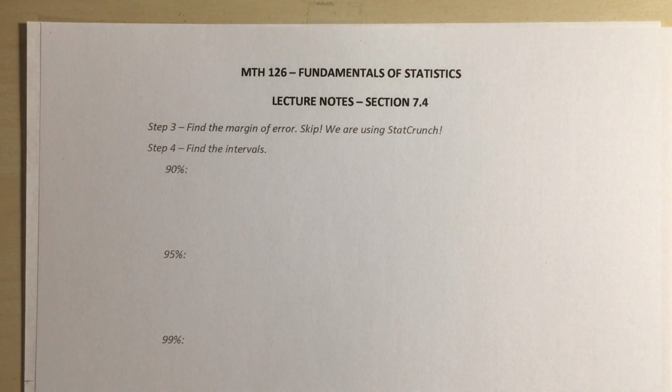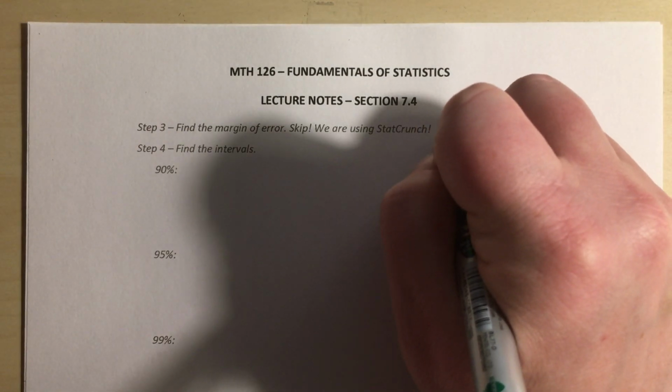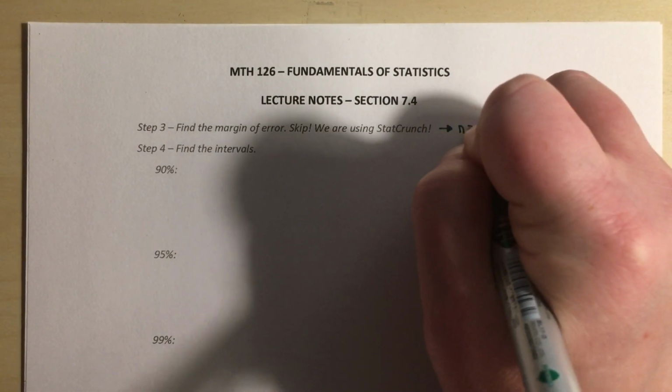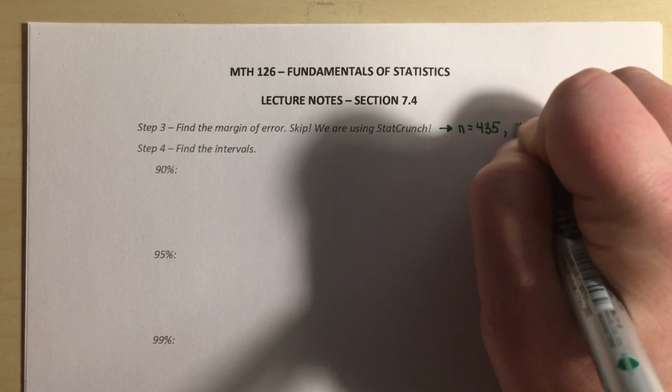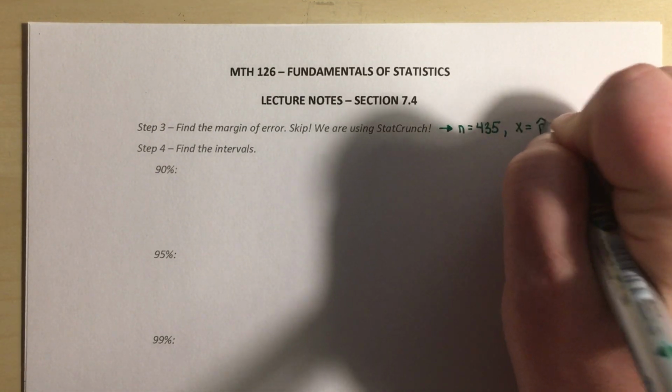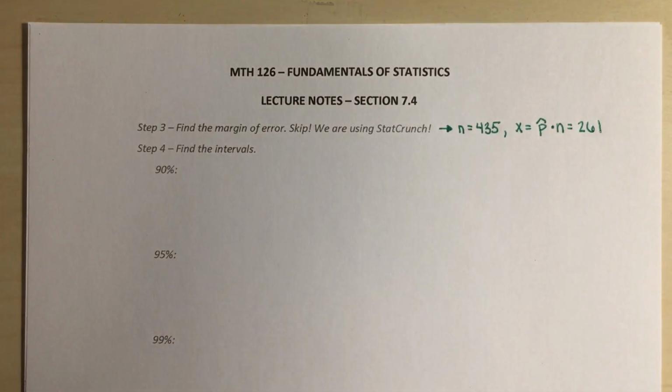We're not going to find our margin of error, again, because we're using StatCrunch. What we are going to use is n, the 435 people that were sampled, and x, which was p hat times n, which we just calculated was 261. So that is something that we do want to mention.